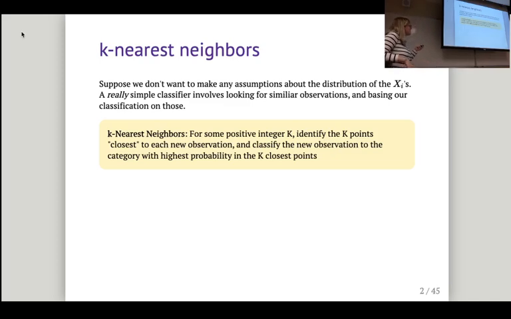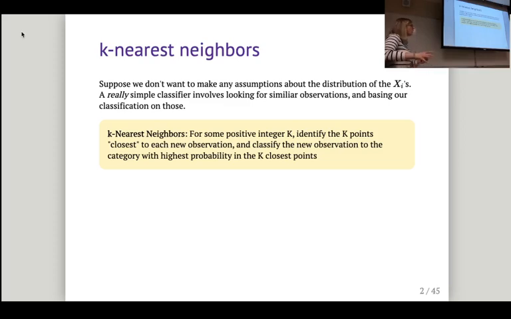So essentially, for some positive integer k, what we do in k-nearest neighbors is figure out what are the k nearest neighbors, what are the k closest points, either by a basic distance calculation or some other similarity measure. And then we just classify that new observation to the category that the nearest neighbors most agree with.